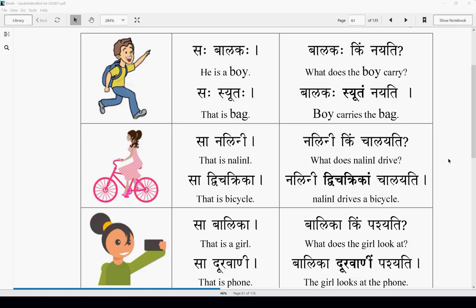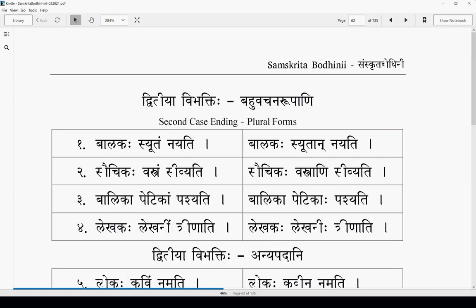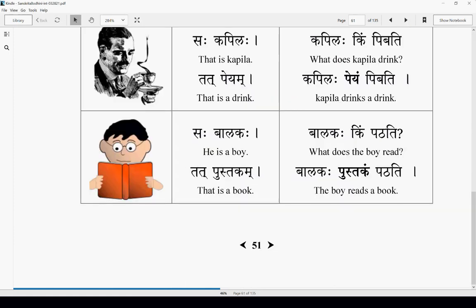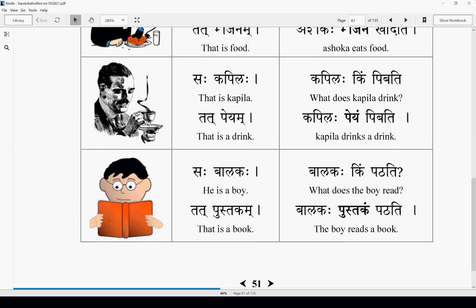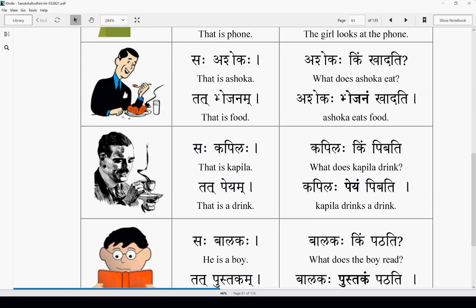So the next example takes up the Napumsakalinga form. Bhojanam. It is a Napumsakalinga padam. Here it is Prathama Vibhakti. Tat bhojanam asti, like tat jalam asti.